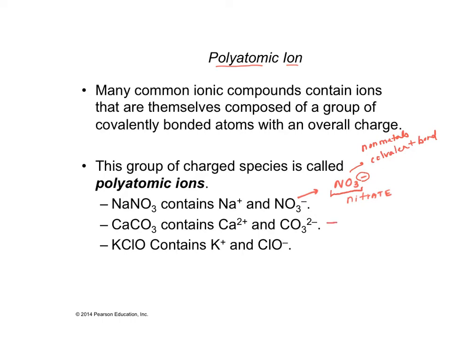We call this one CO3 2-. This guy has gained 2 electrons, that's why it has a 2-. We call this carbonate. And this guy down here, ClO-, this is called hypochlorite, okay? Okay, so with respect to these polyatomic ions, again, all of these guys are negatively charged ions.